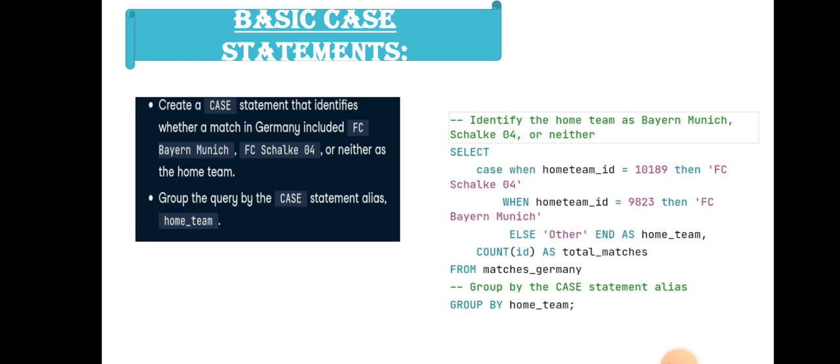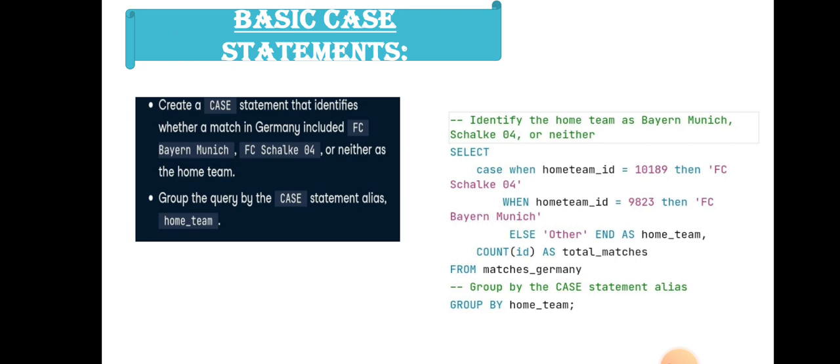So first is the basic case statement. Create a case statement that identifies whether a match in Germany included FC Bayern Munich, FC Schalke 04 or neither as the home team. Group the query by the case statement alias home team.